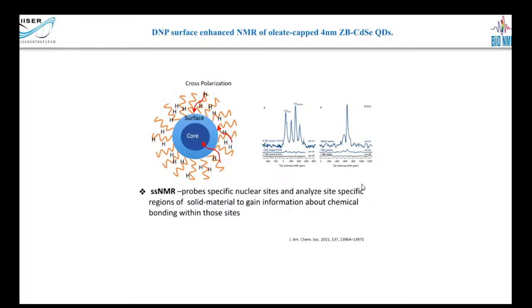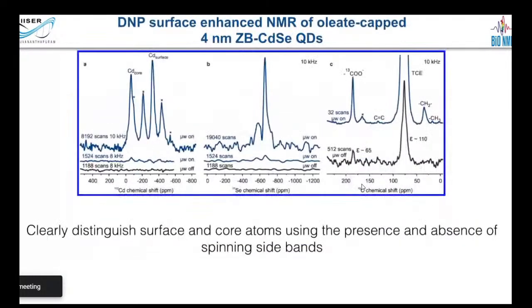So what is interesting is that this is the cadmium selenium quantum dot. You can clearly see which is the cadmium core and which is the cadmium surface. Cadmium core is highly isotropic because it is a layered, higher order structure.